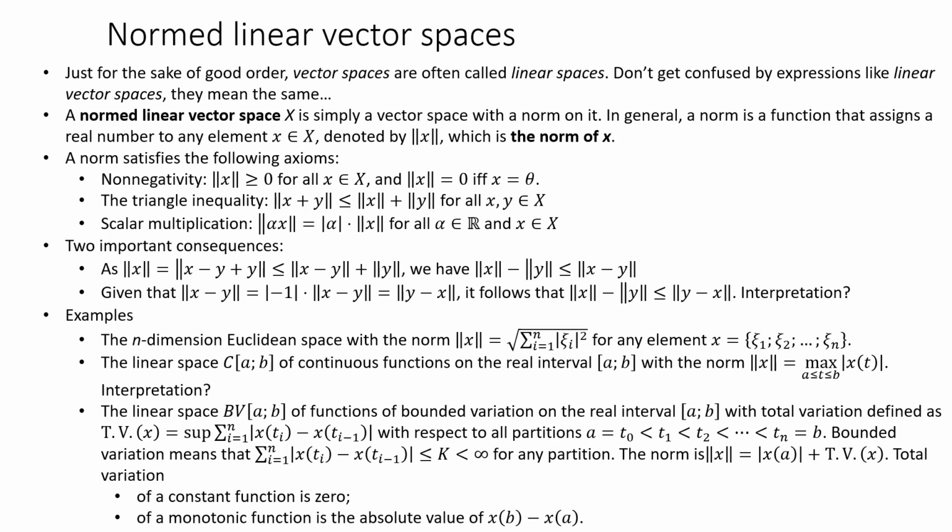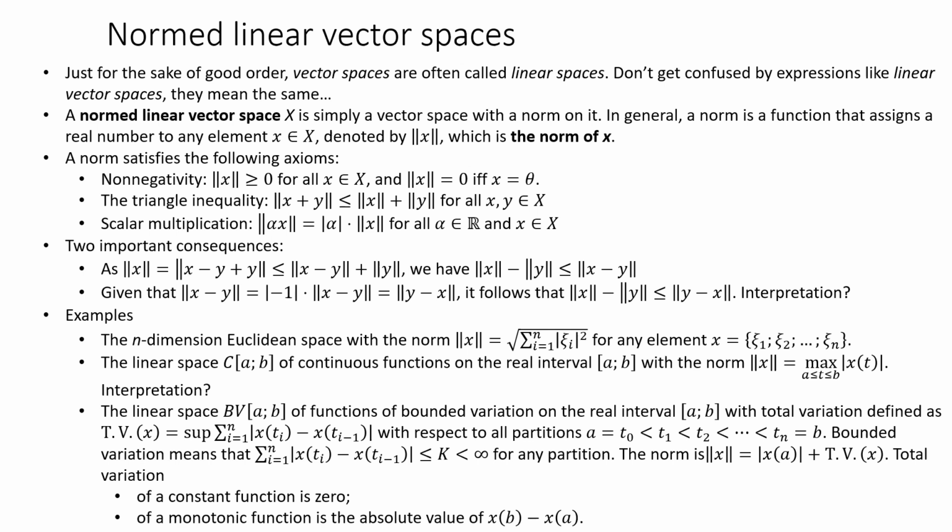So normed linear spaces. Just for the sake of good order, I like to emphasize that vector spaces are often called linear spaces, and you can read the expression linear vector spaces in the textbook, but don't get intimidated by these expressions. They mean the same.